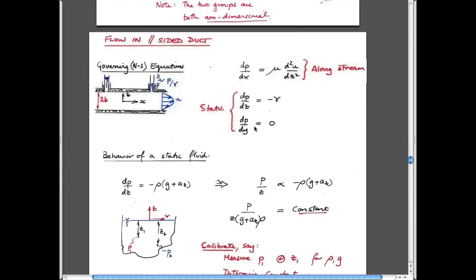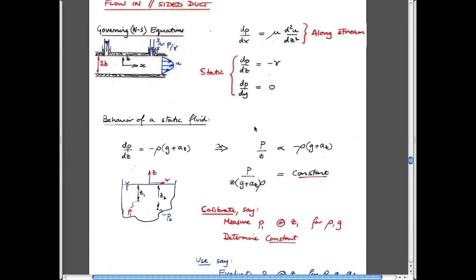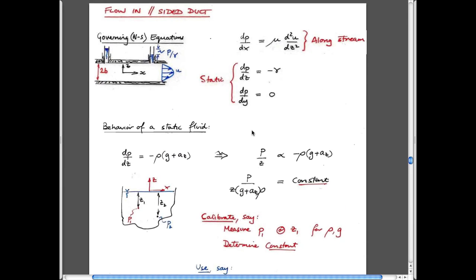I think we talked about this very briefly, if you looked at the videos anyway. We talked about flow between a parallel-sided duct. And so it turns out that we have these Navier-Stokes equations, which basically represent the same as the Bernoulli equation, but it's a differential statement of what's going on. And we can integrate those differential equations to solve for the flow rate in a parallel-sided duct.